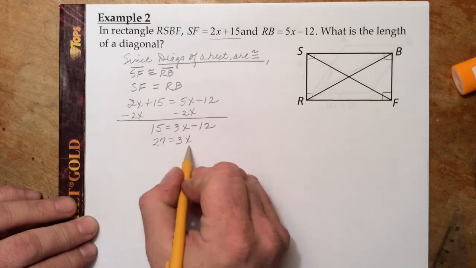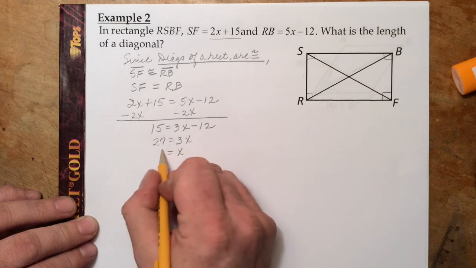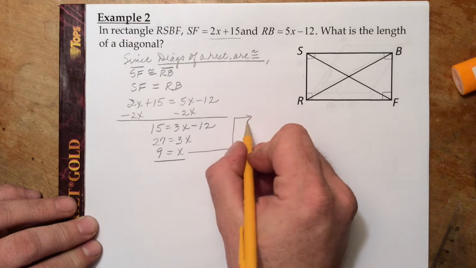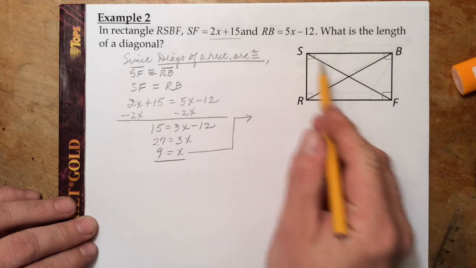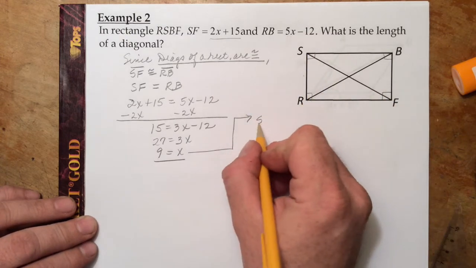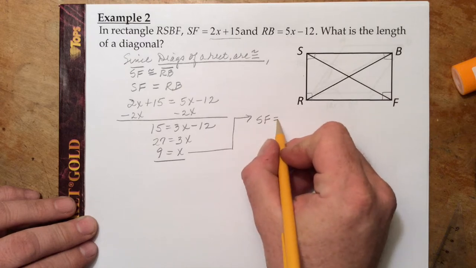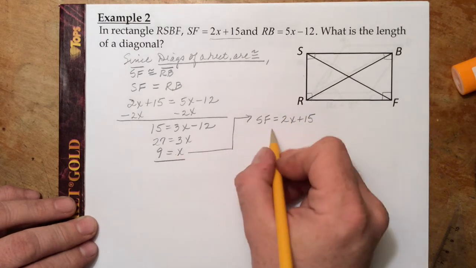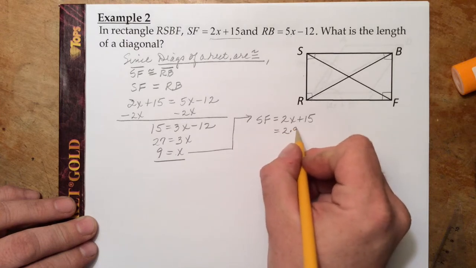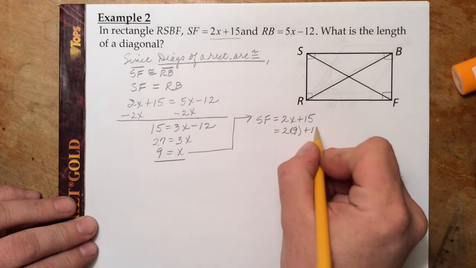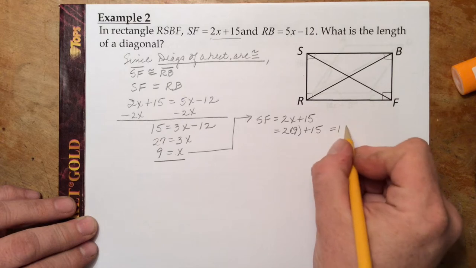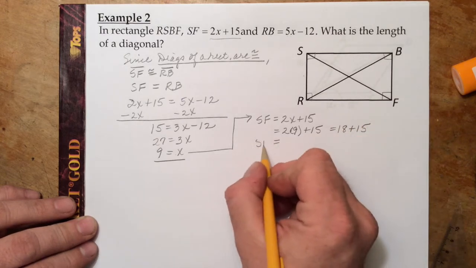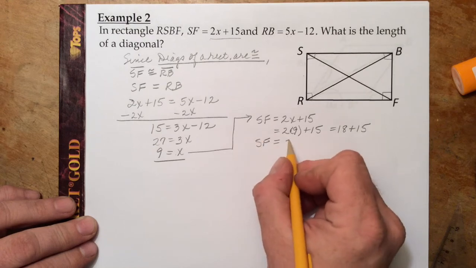Divide both sides by 3, and x is 9. Taking that 9, we need to find the length of each diagonal. Starting with SF, what's given to us is 2x plus 15. Substituting in x, we have 2 times 9 plus 15, which is 18 plus 15. So SF, the length of that diagonal, is 33.